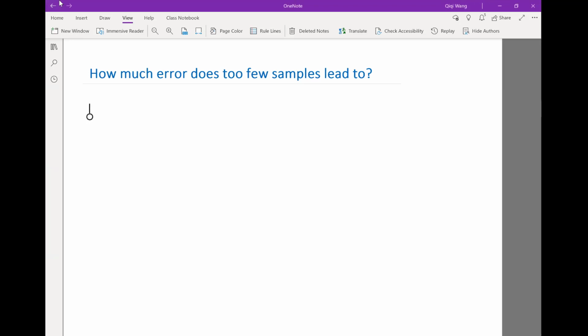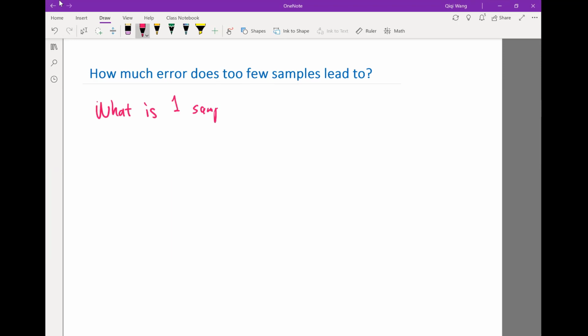So we'll start by saying, okay, what if one sample is used? Used for what? In the last lecture, we computed the probability that our spacecraft is going to collide with an asteroid.